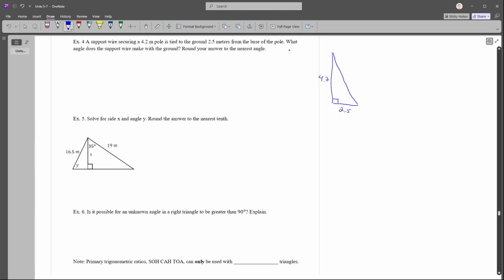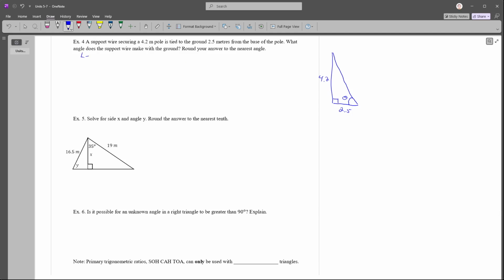What angle does the support wire make with the ground? So again, it wants to know this. So let's not even label the triangle this time. Let's just label the angle as theta, which is a very common thing to do in these types of problems because we don't actually care about all the vertex names or anything like that. In this question, we just care about the angle.